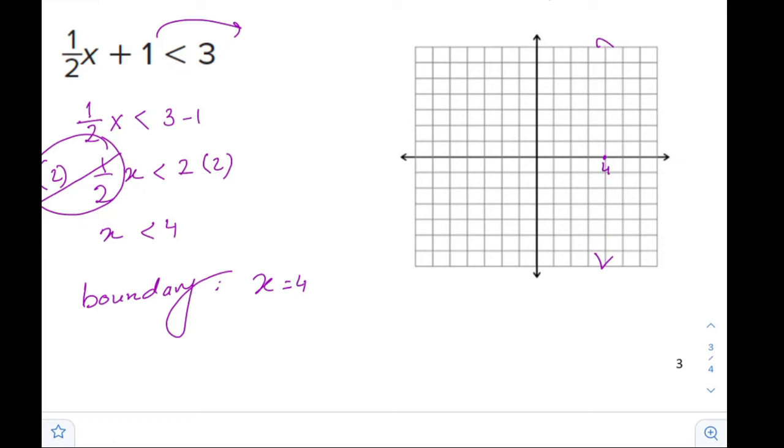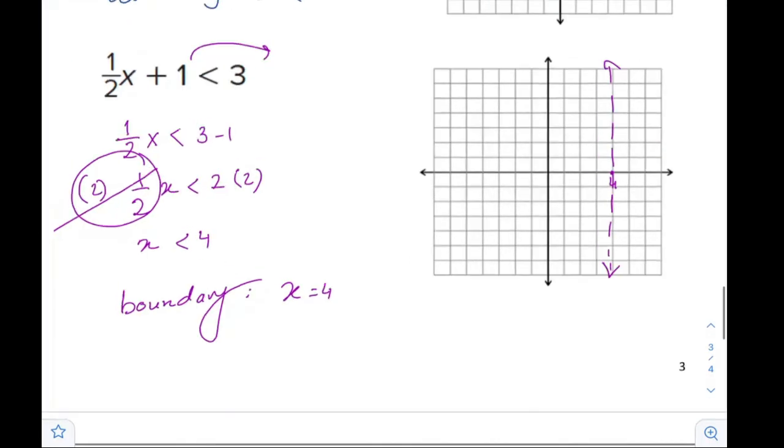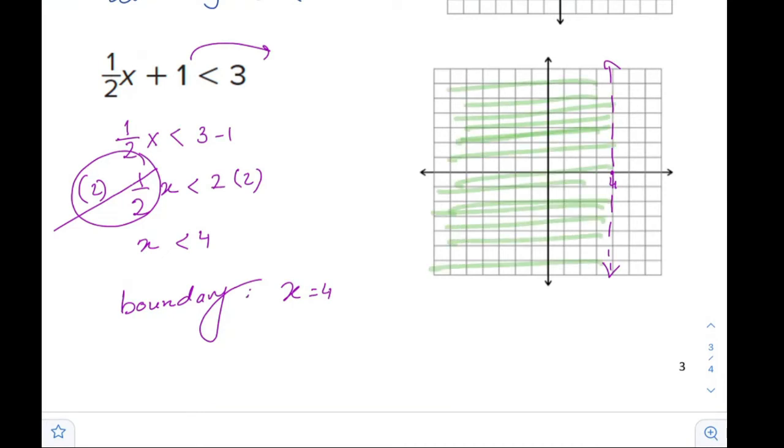It should be dotted or dashed. Now, x less than 4 will definitely be to the left. When x is less than 4, it will be to the left of the 4, of course. So this is the inequality that we are looking for.